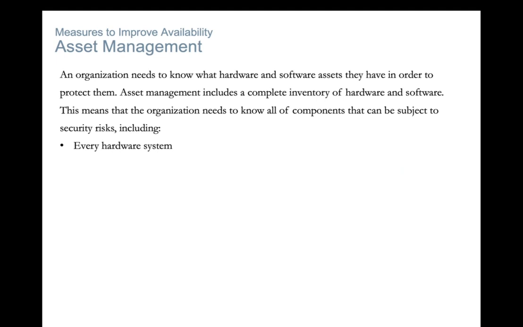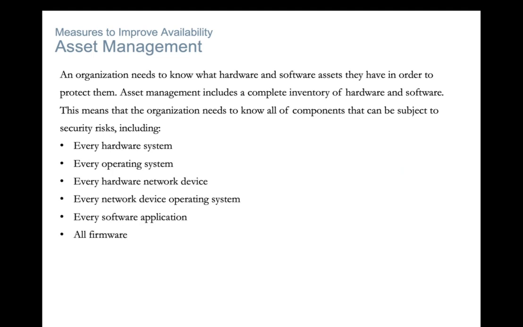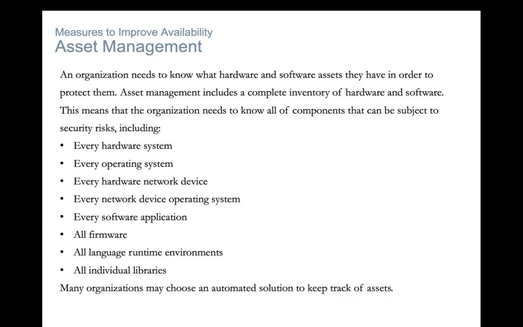It can also mean that unauthorized changes are happening. So these are a few asset management things which we just discussed, right? So we'll see.